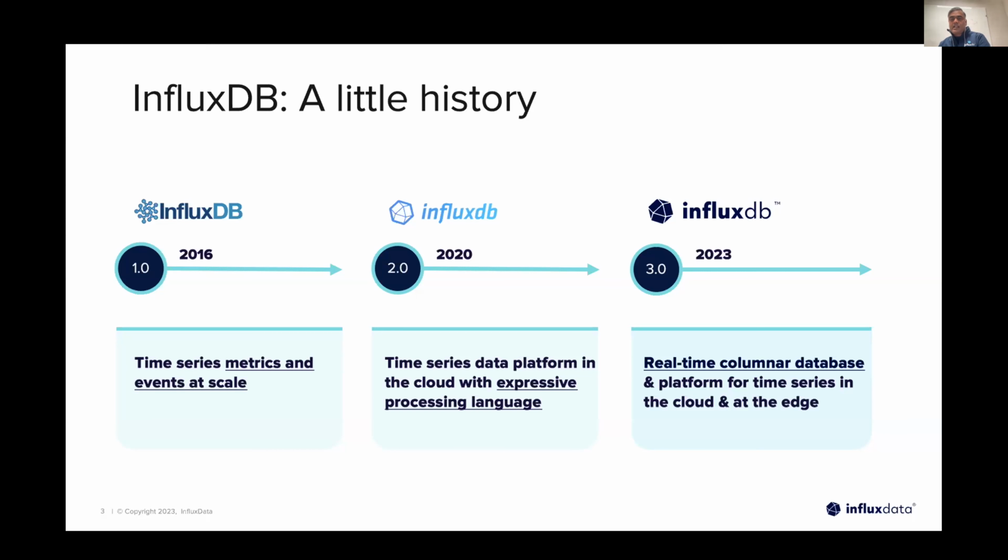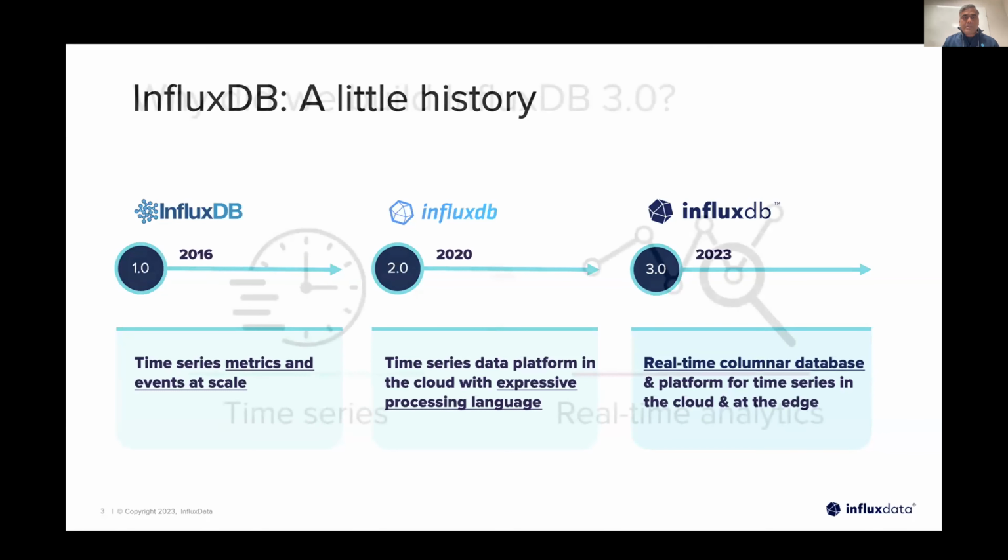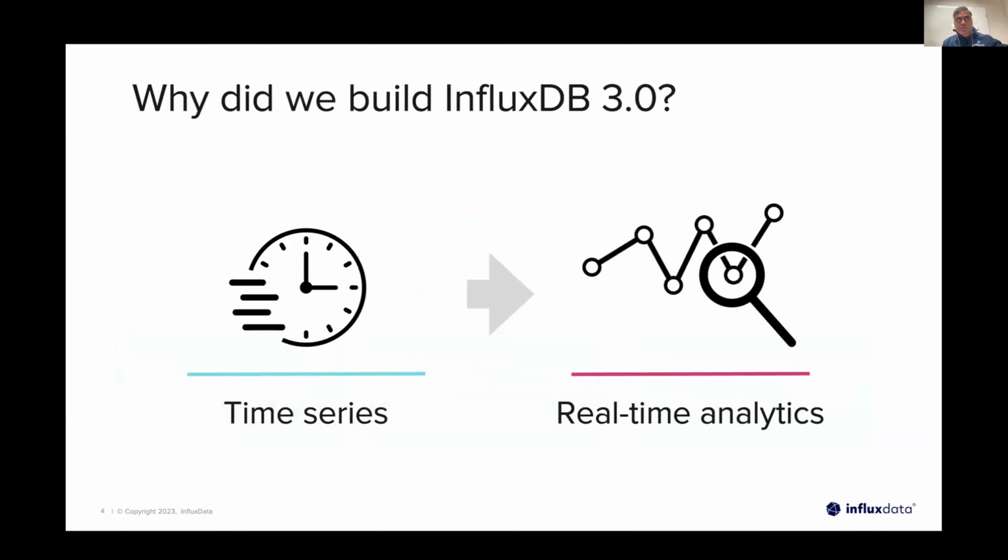So we had to build 3.0 as a real-time columnar data science platform, especially as analytics was coming across. There are two different patterns other than cardinality. We also saw that customers were still using time series, but their requirements were changing. I can give you an example. Tesla Powerwall has been using InfluxDB for a long time.